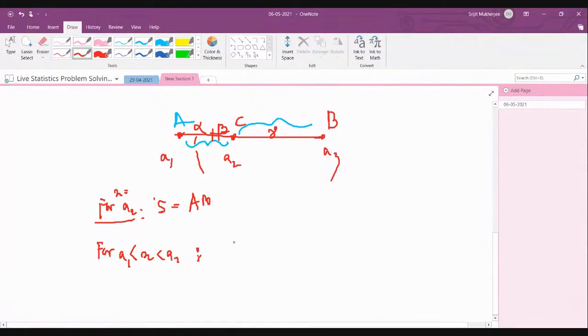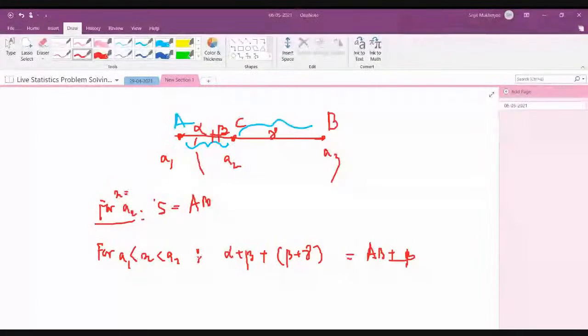Let's say these are the distances. So alpha plus beta plus gamma equals AB plus beta, beta is the extra part. It's greater than AB, right? In fact, if you put it on this side, it will turn out to be the same. Now did you understand, guys?